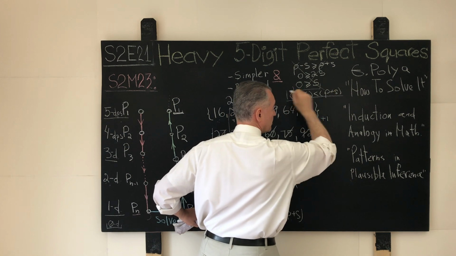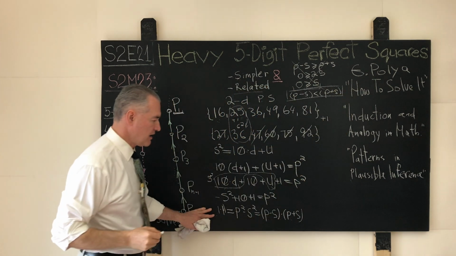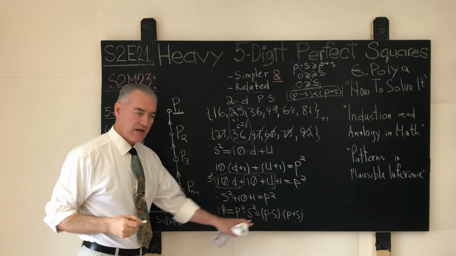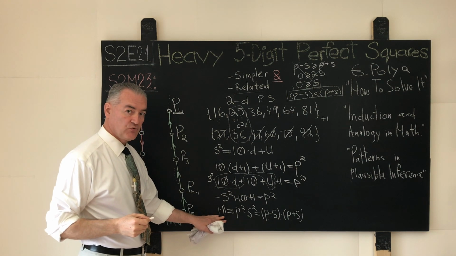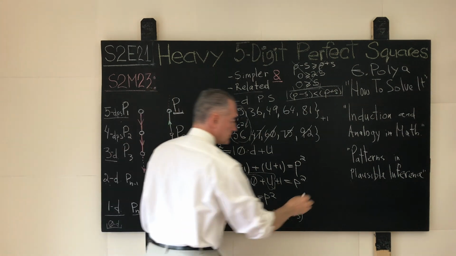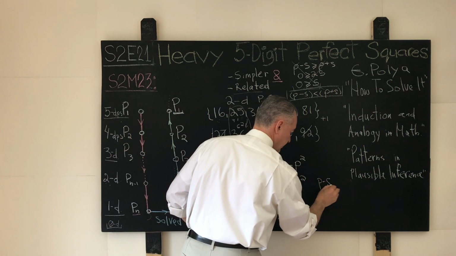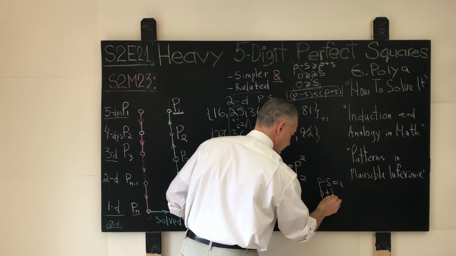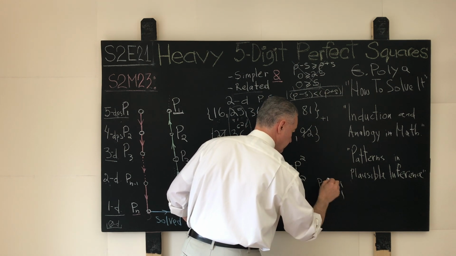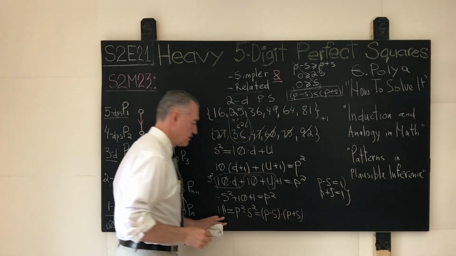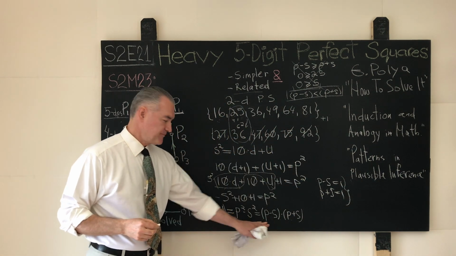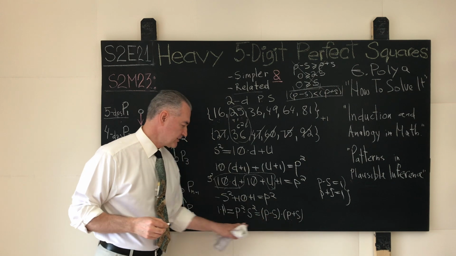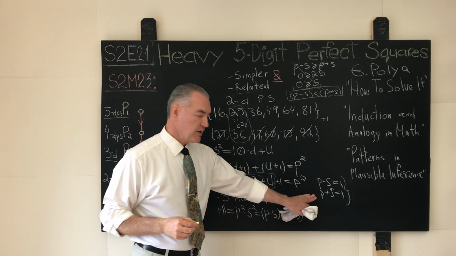We'll remember this result, and that means that we partition these two factors as follows. Obviously p minus s must be 1 and p plus s must be 11. Would you agree? We have two equations.